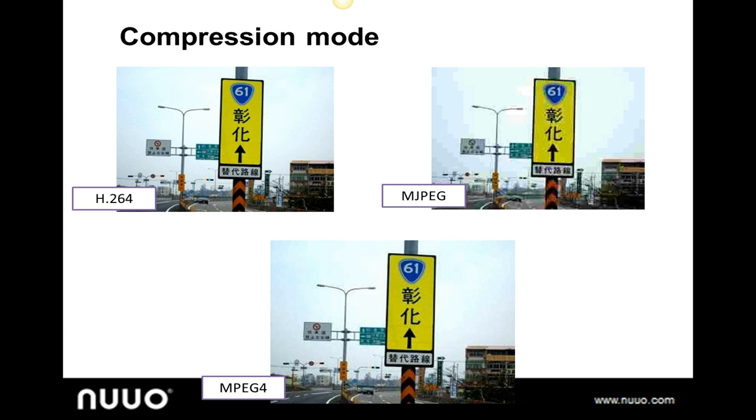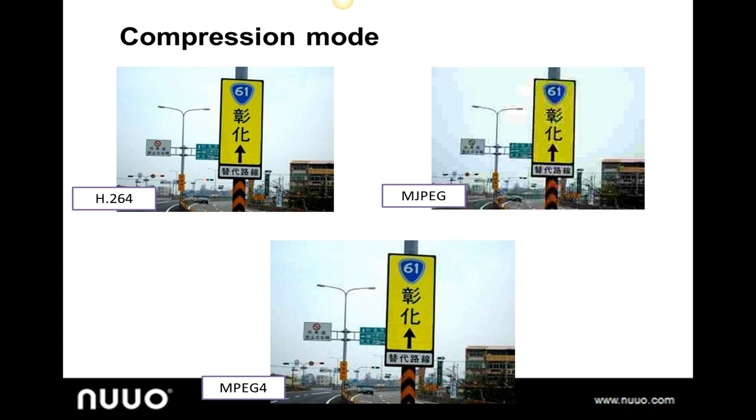Theoretically, H.264 has the highest compression ratio, which means with the same bit rate and the same file size, H.264 has the most data quantity. So if you decompress the H.264 stream, you usually get better image quality.